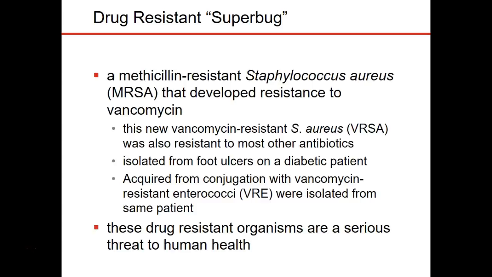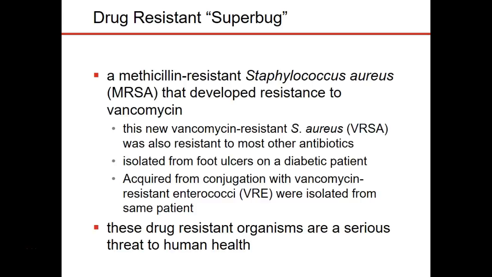The last thing we're going to focus on in chapter 20 are these new super resistant bugs. In the 1940s, when penicillin became available to be used, penicillin was given out like someone might give out candy at a corner store.